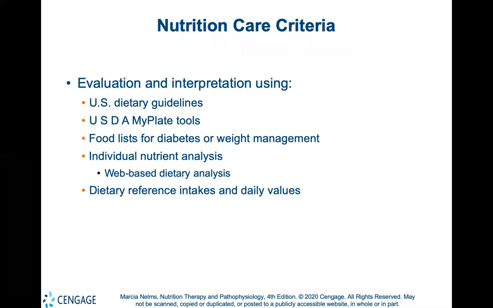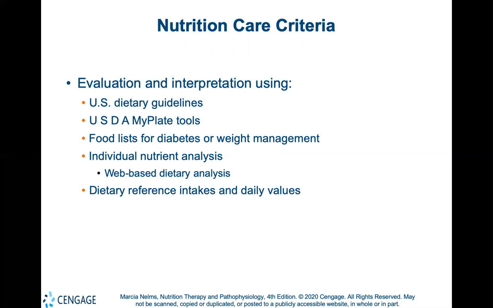After data are collected and analyzed, it is the clinician's job to compare the information to established scientific reference criteria. These criteria may include the individual patient's needs and may be as general as comparison to the United States Dietary Guidelines or as specific as milligrams of vitamin C. The 2015-2020 Dietary Guidelines for Americans provide general recommendations for dietary intake that promote health and prevent disease.